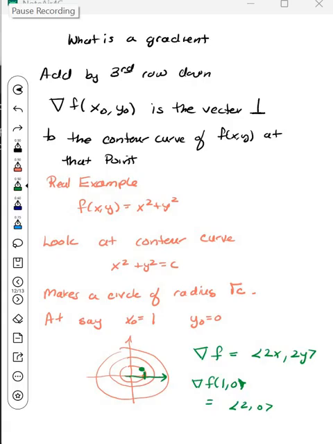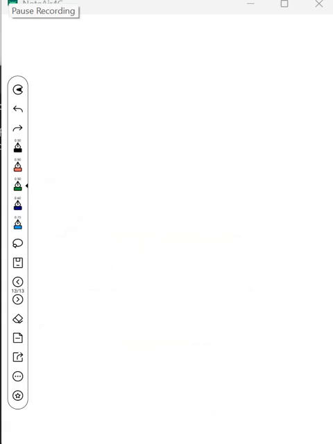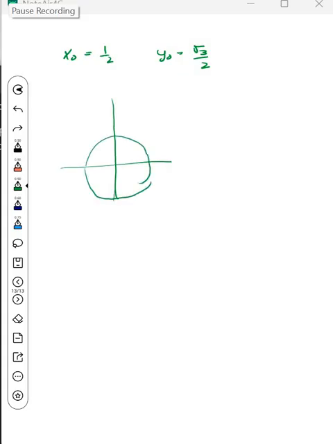So if I took x0 equals 1/2 and y0 equals square root of 3 over 2, well, I'm just going to redraw it here. Here's one of my contour curves, and if I specify that point is somewhere here. I'm just eyeballing it.